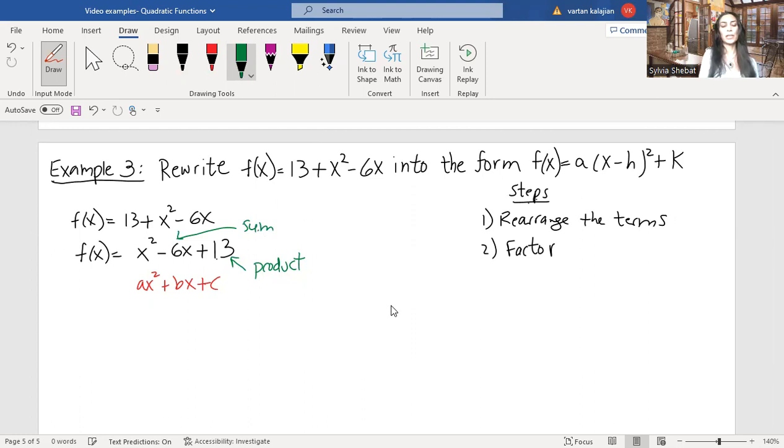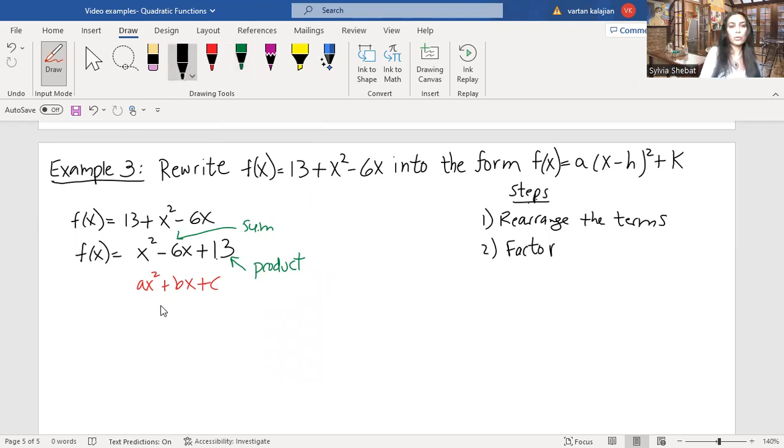No, they do not. So that means that we cannot factor this. You're welcome to use the quadratic formula to solve for x. That's one way you can do it, but I'm not going to cover that in this video.